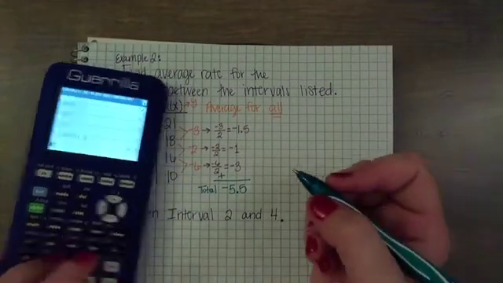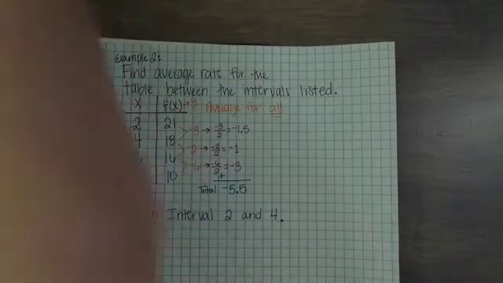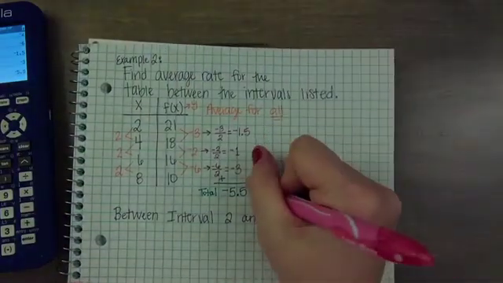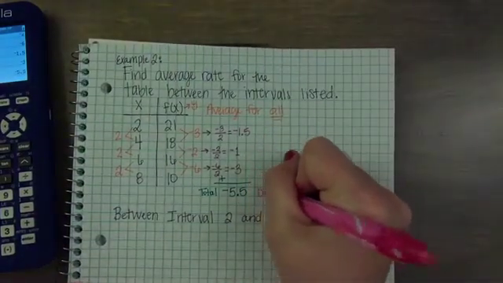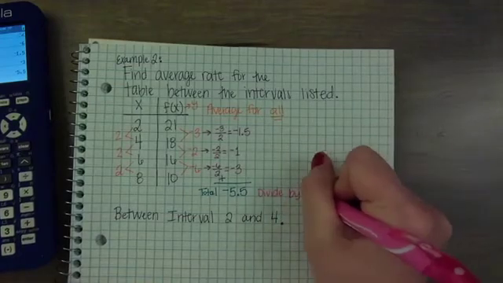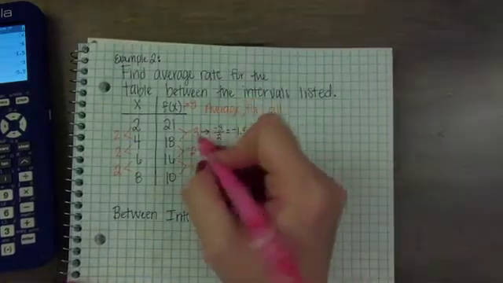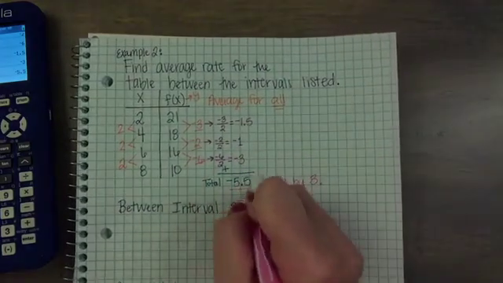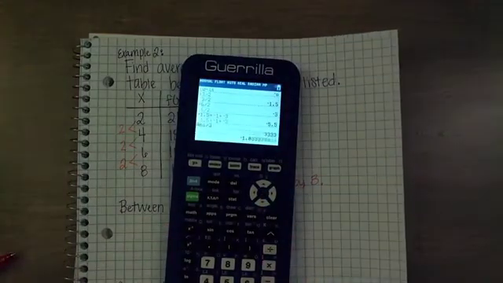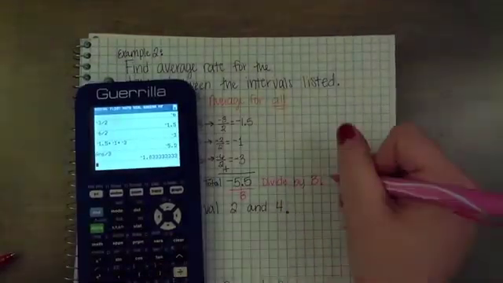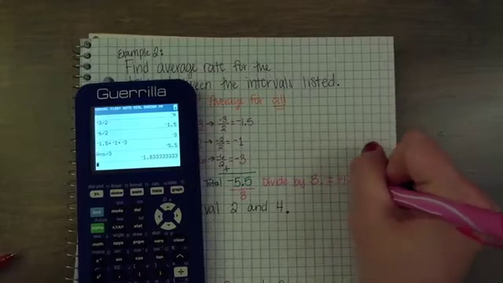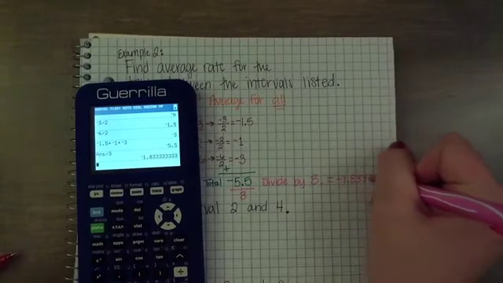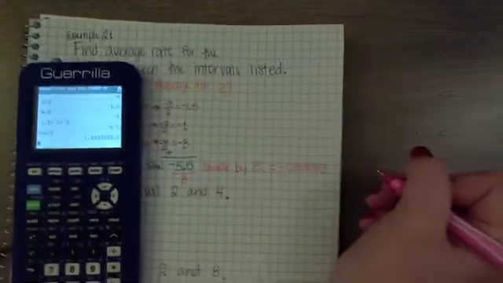And remember, now we're going to divide by 3. Because there are 1, 2, 3 changes. So divided by 3 gives us negative 1.83333.